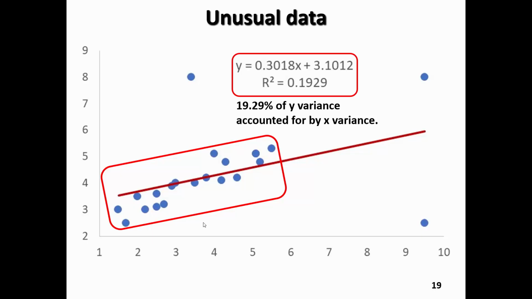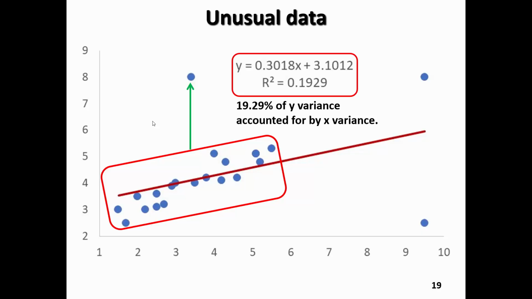Only 19% is accounted for by the change in the x-axis. That would leave the balance, approximately 81%, accounted for by factors not addressed in the study. For all intents and purposes, it's randomness in the data that accounts for most of the variability.